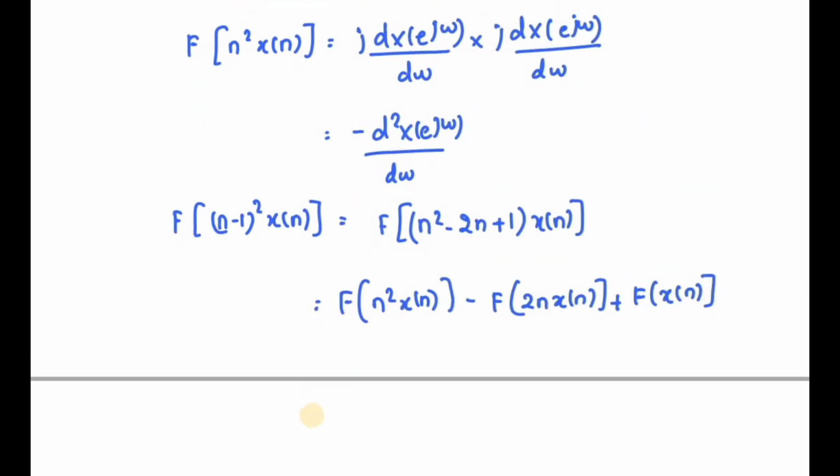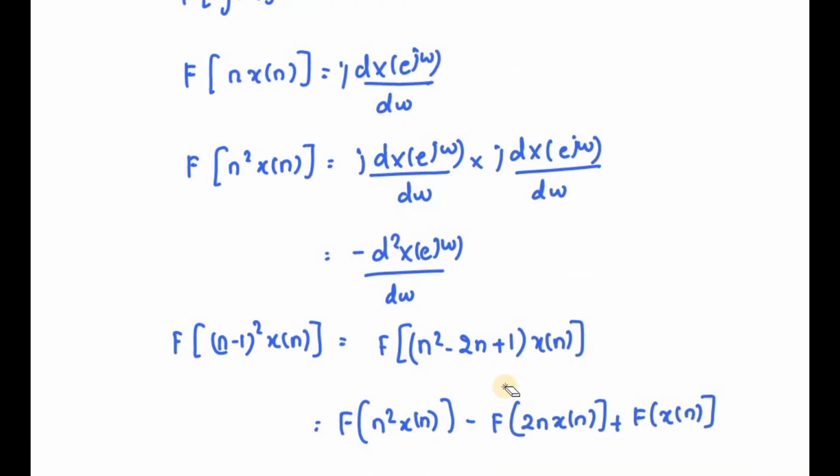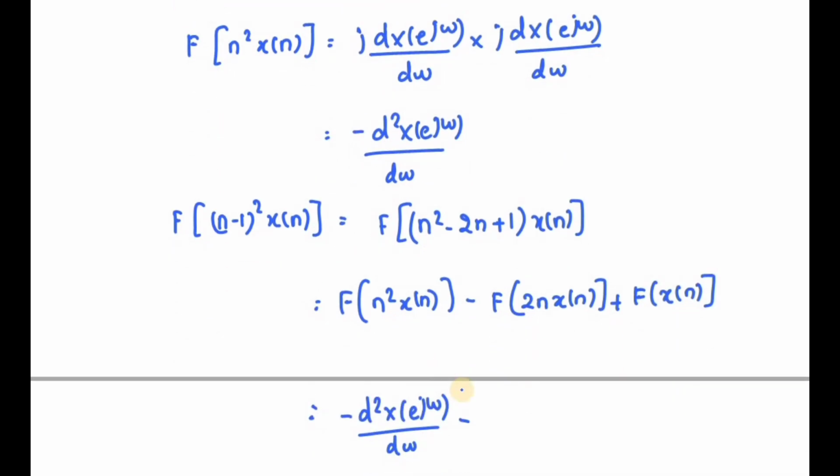So what is the transform of n square x of n? It is minus d square X of e power j omega by d omega square, minus, from the earlier equation, 2 times the transform of n x of n. If I multiply this by 2, I will get minus 2j d of X of e power j omega by d omega, plus the transform of x of n, which is nothing but X of e power j omega, right. So this is the Fourier transform of the equation. Okay.